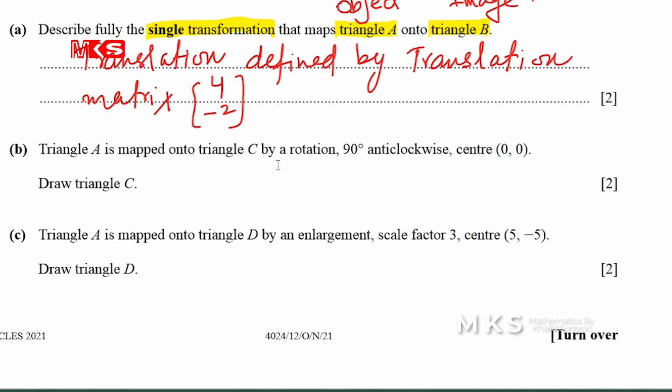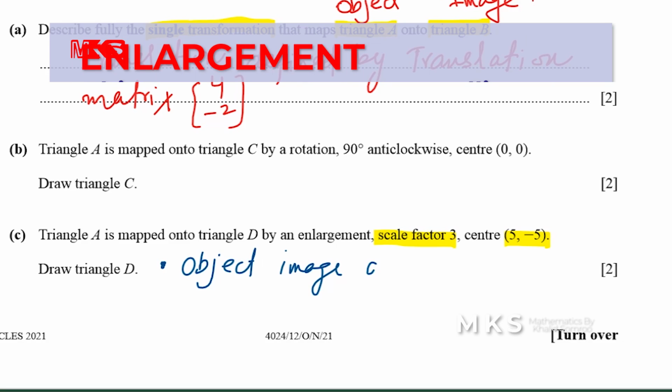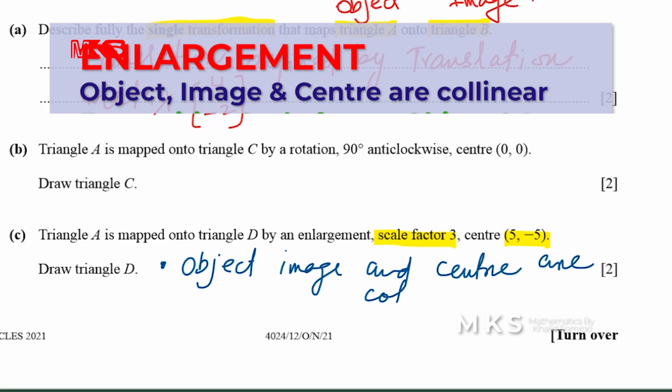C part: triangle A is mapped onto triangle D by an enlargement, scale factor 3 and center (5, -5). Quickly I revise the concept of enlargement. Object, image and center are collinear. They always lie on the same straight line.